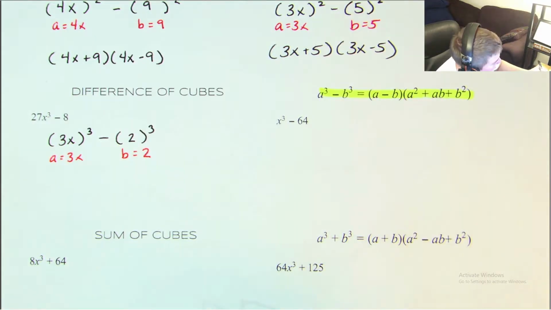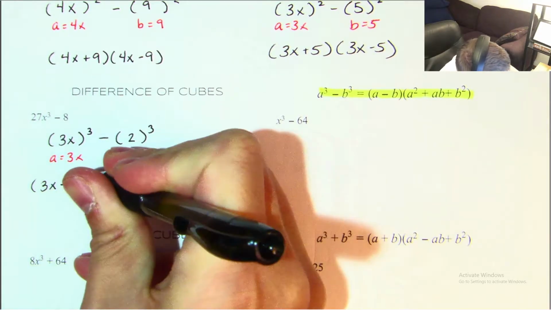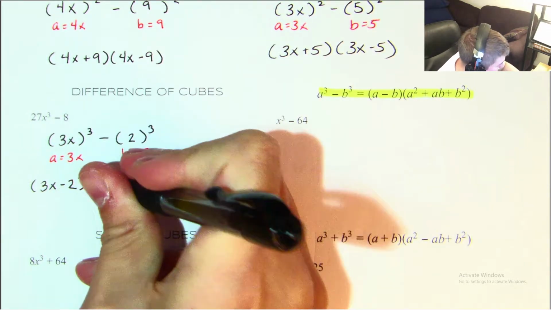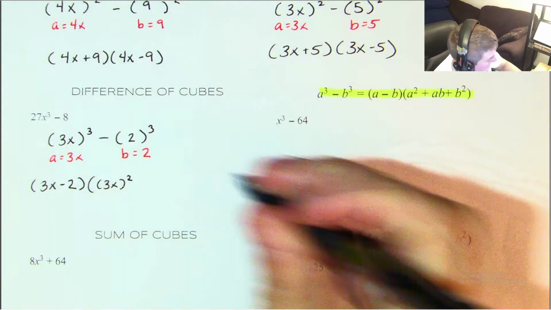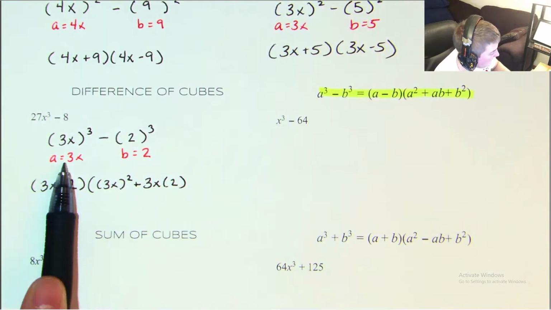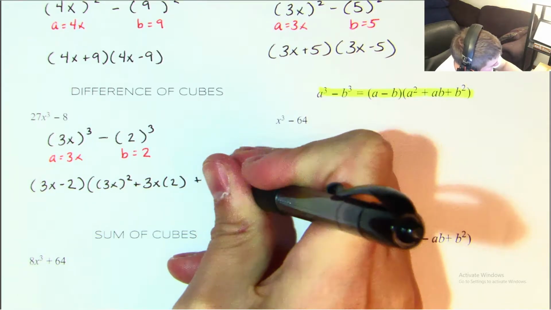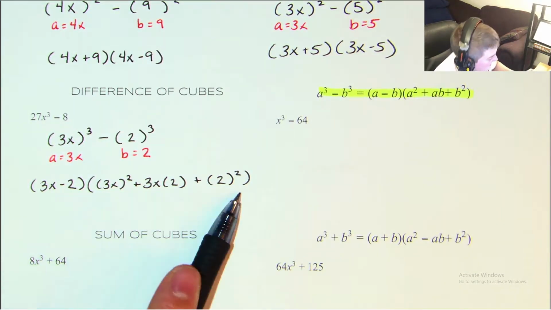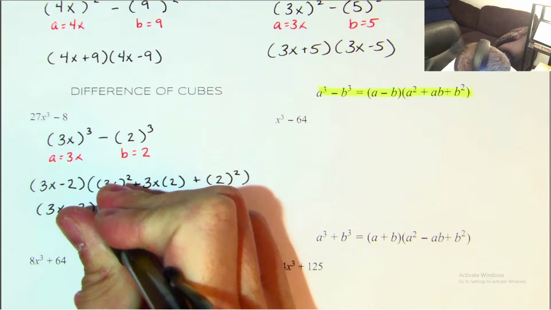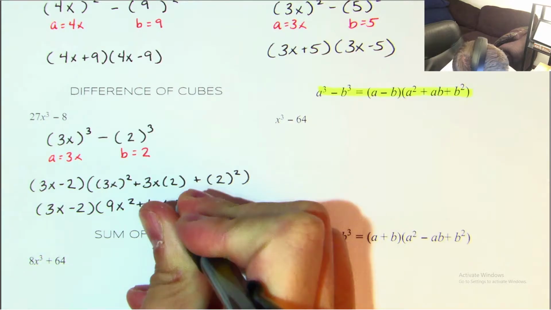It's going to start with a minus b, so 3x minus 2, times a squared, so I have to square a, plus a times b, plus b squared, which is just 2 squared. Then I can simplify this. So this is going to be 3x minus 2 times 9x squared plus 6x plus 4.